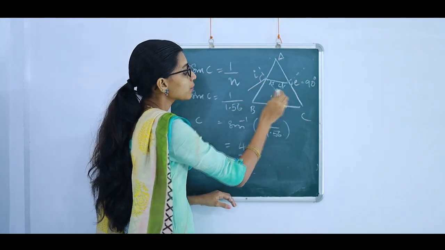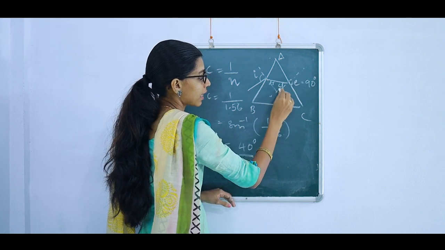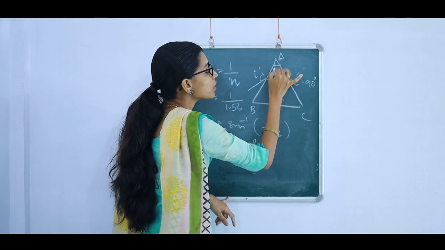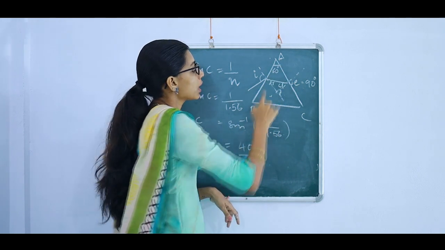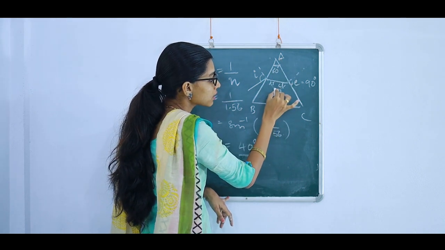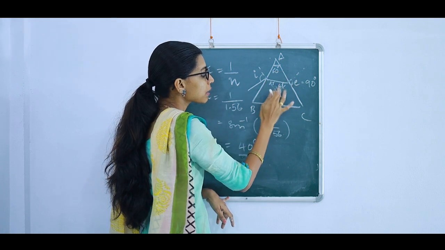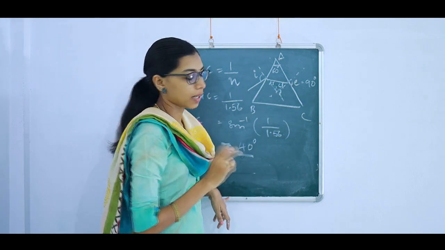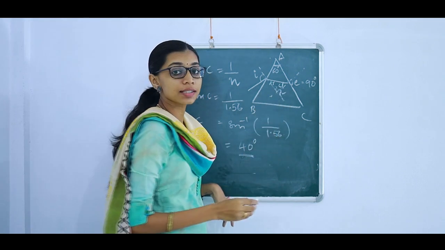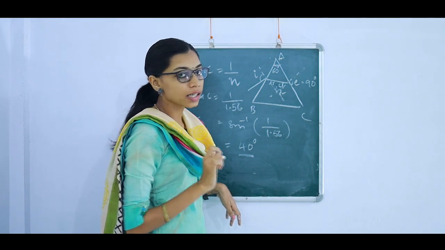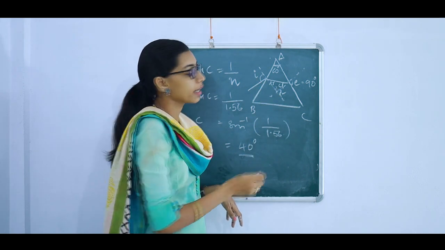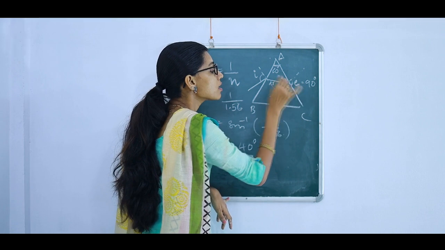Now in this figure, when you extend this line and this line, this is the exterior angle of this triangle. We already know this is 60 degree. Now for this quadrilateral, 60 plus this, let me take it as x, 60 plus x is equal to 180 degree. The same way, this is a straight line, so this angle plus x should also be equal to 180 degree. That means this has to be 60.